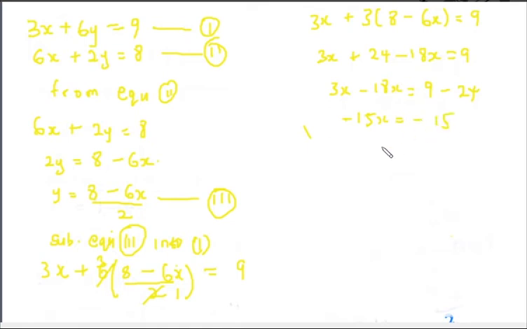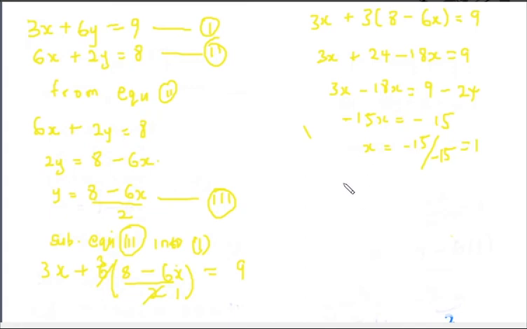Now dividing both sides by negative 15, I have x equals negative 15 over negative 15, which of course is 1. So to obtain my value of y, I have to pick either of these three equations and plug the value of x into it.